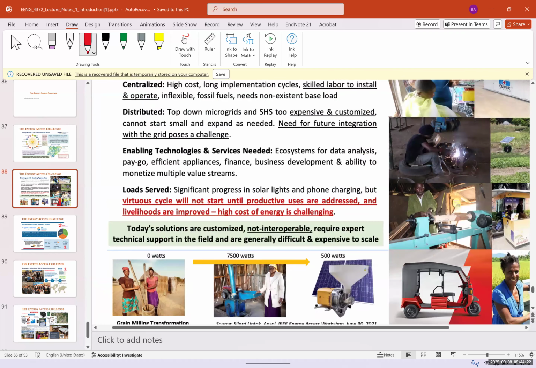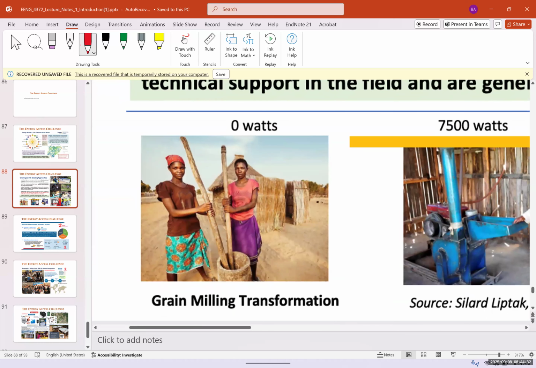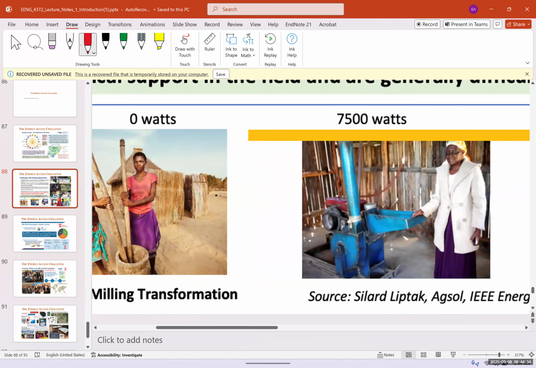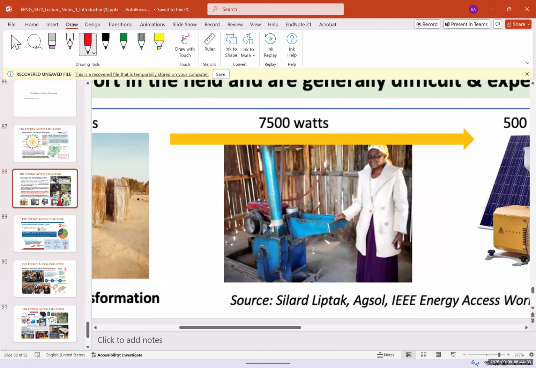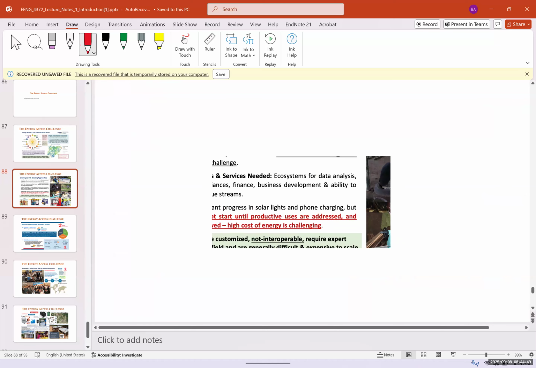This is a good example of grain milling transformation. They were using just their hands to do it, which takes a lot of time and effort. Then they switched to a gas power system, and now most of them are converting to a solar powered milling system.